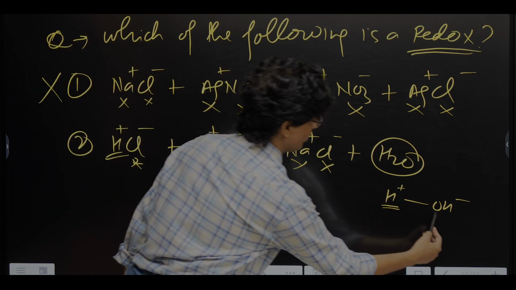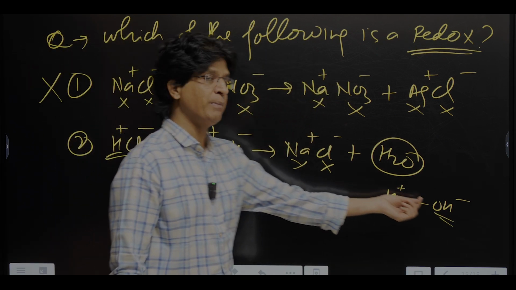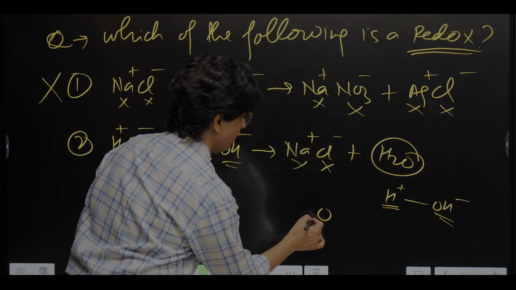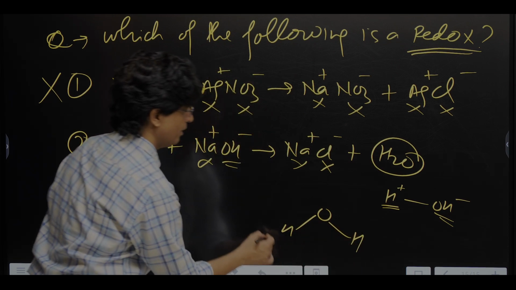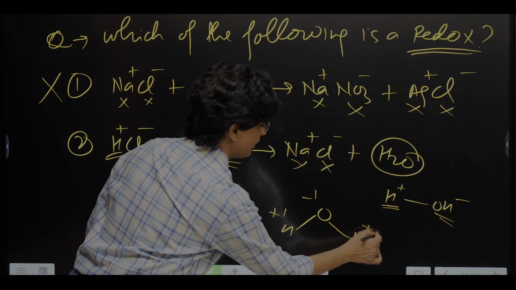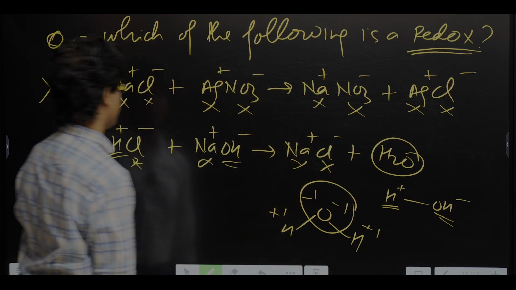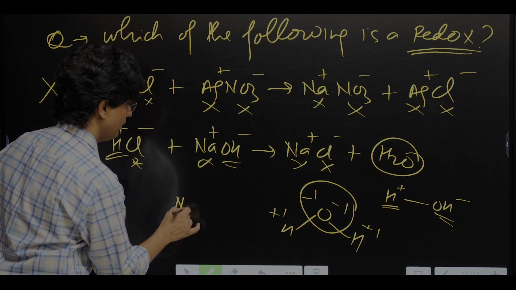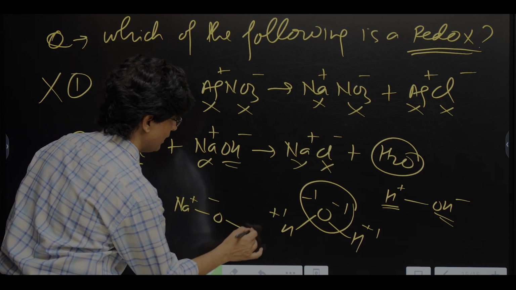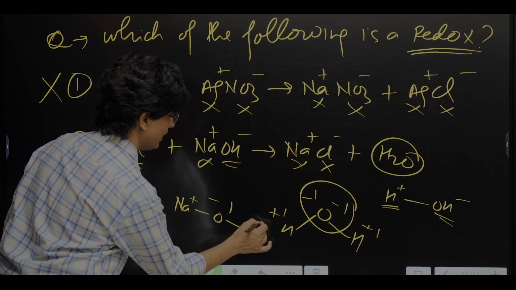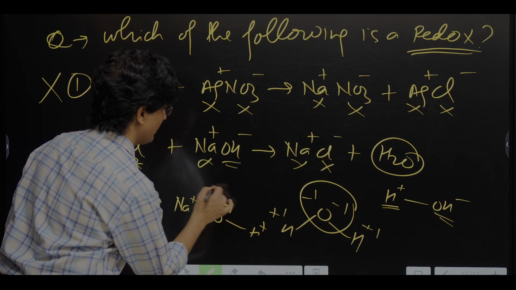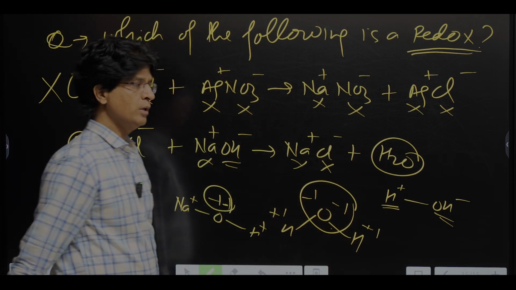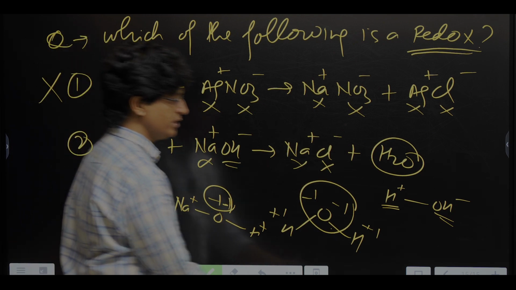OH negative, we have OH negative. That means oxygen is in -2 and H is in +1. Because if you look at O and H, -2 and +1, the total becomes -1. Oxygen will be -2 here also. And here also -2. There is no change in oxidation state.